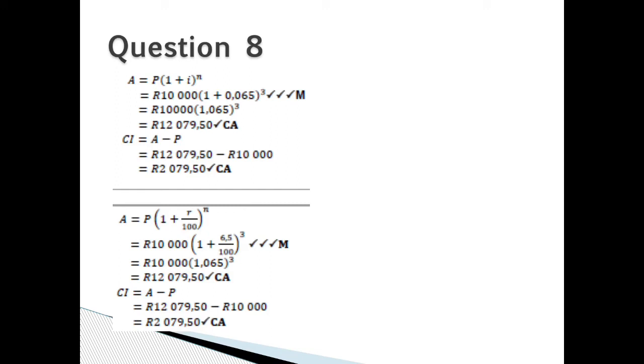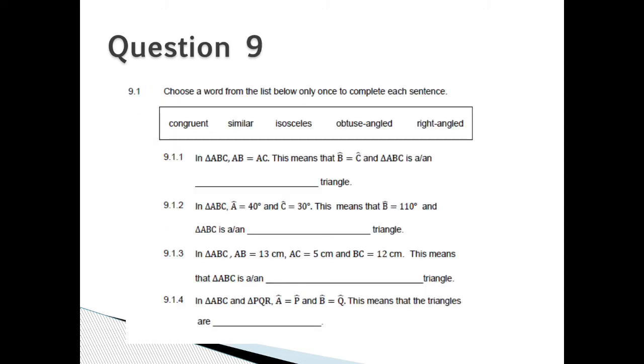Choose a word from the list below only once to complete each sentence. The sentences are: 9.1.1. In triangle ABC, AB is equal to AC. This means that angle B is equal to angle C, and triangle ABC is an or a what triangle?